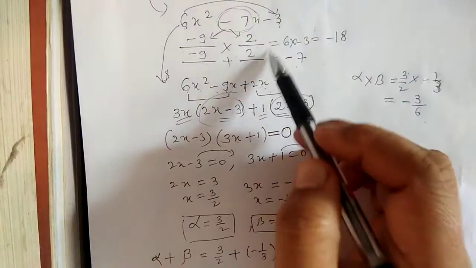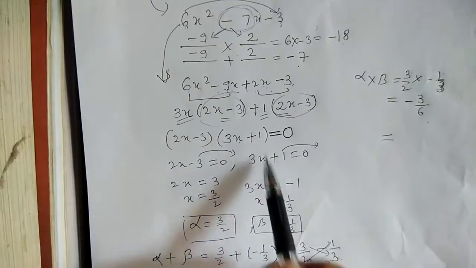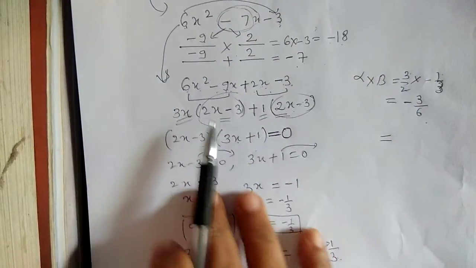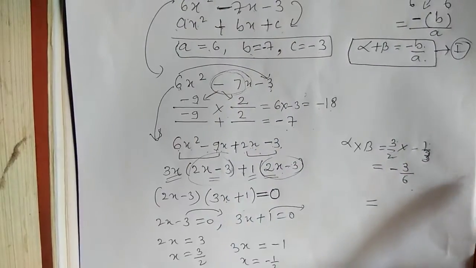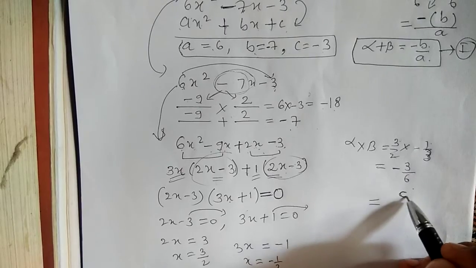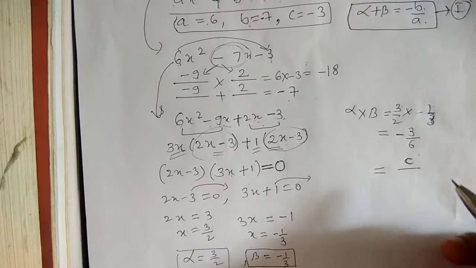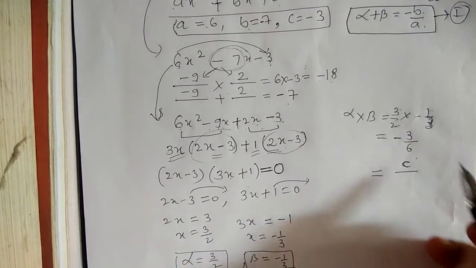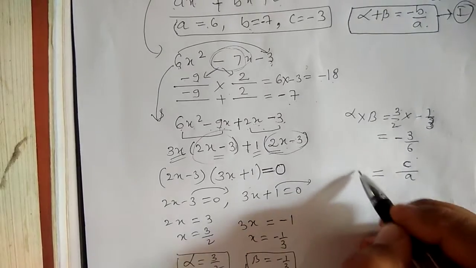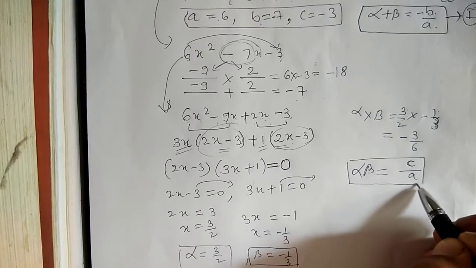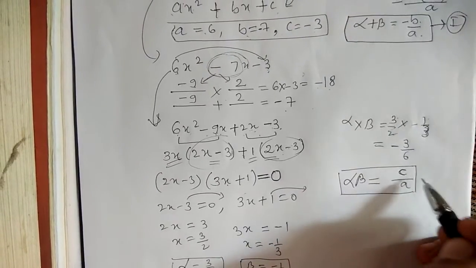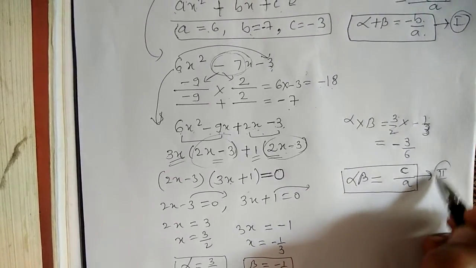Observe here, minus 3 value is C, and 6 is A's value. So alpha into beta we got as C by A. This is the second relation.